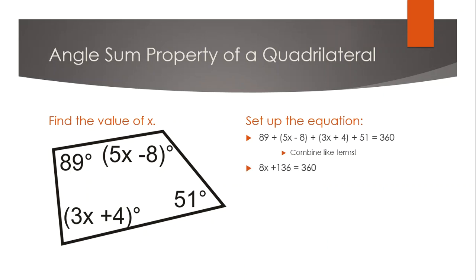Once we simplify, we get 8x plus 136 equals 360. Again, combining like terms, that gives us 8x equals 224. And then when we simplify for the answer, we get x equals 28. So we've now used the angle sum property to solve for a variable.